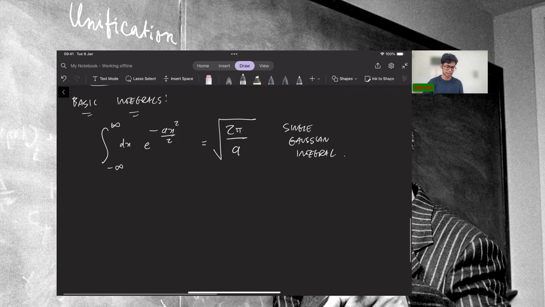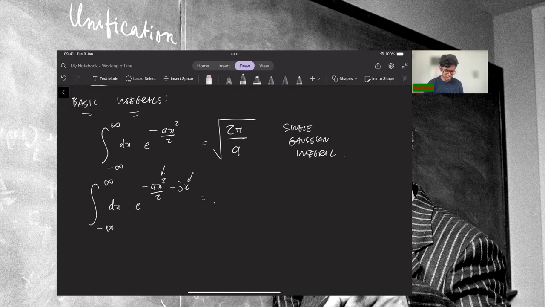Okay. Now let's do something a little bit fancier. Let's imagine a single Gaussian integral with a small shift in the action. So instead of minus a x squared, I'm going to do minus a x squared over 2 minus j x. Okay, quadratic plus linear.